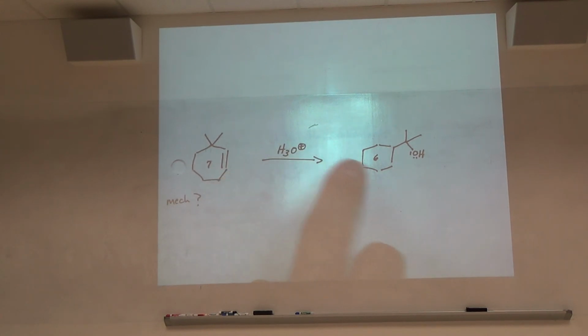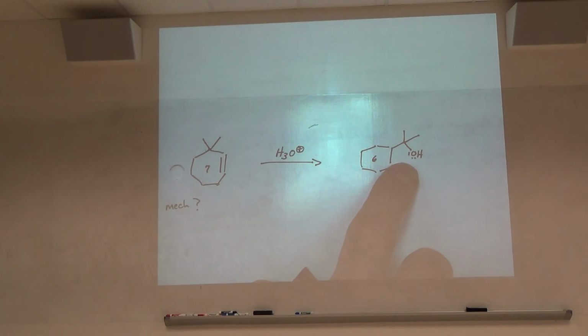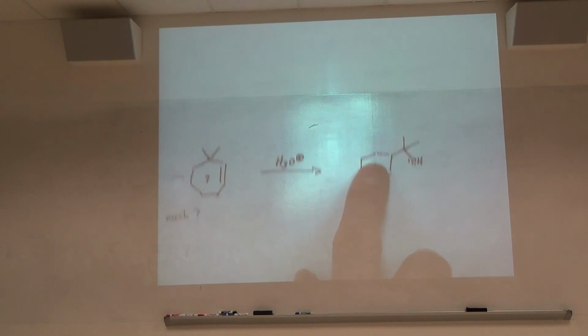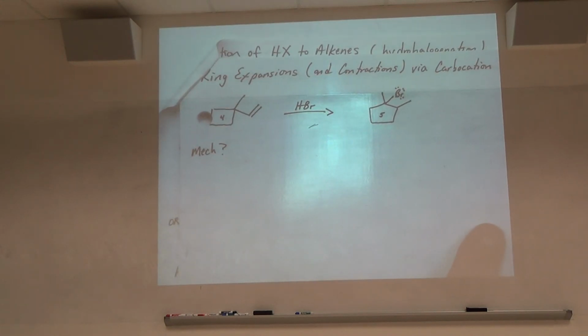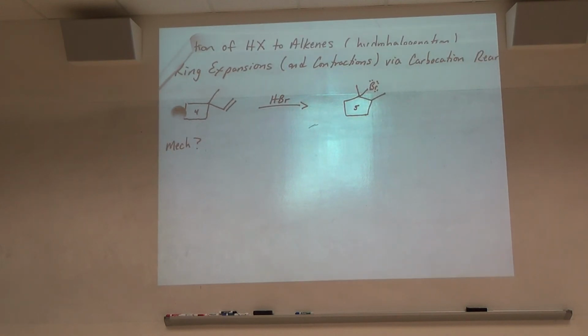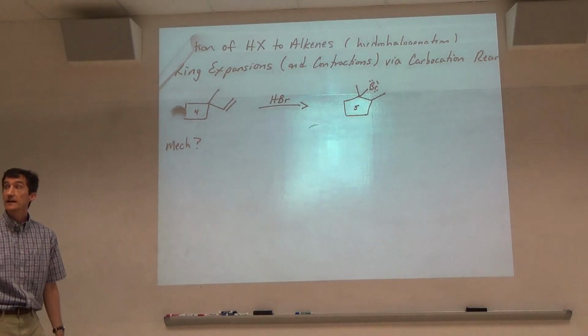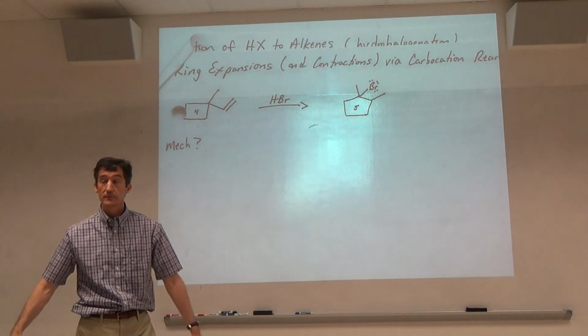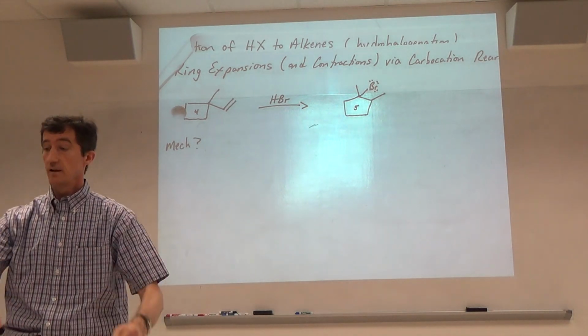Instead of simple hydration, you actually get this rearranged product, a 7-membered ring going to 6. Show the mechanism for those two. These are nothing more than alkyl shifts, carbocation rearrangements. That's all these are, except there's a ring there.